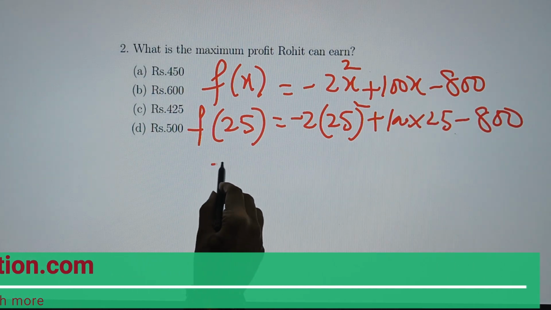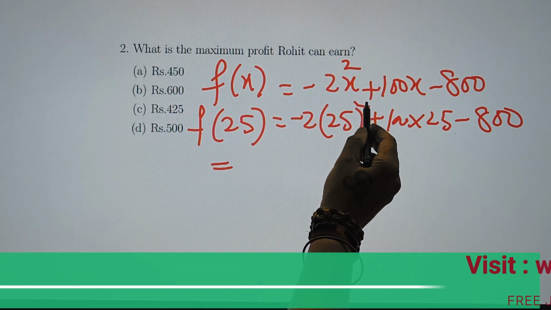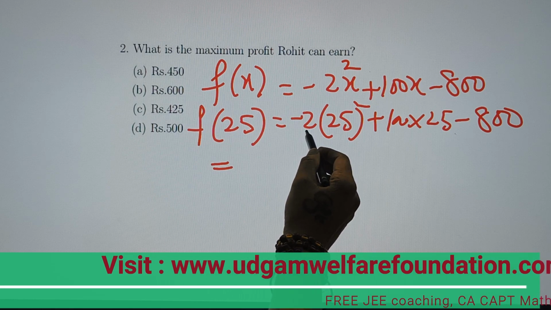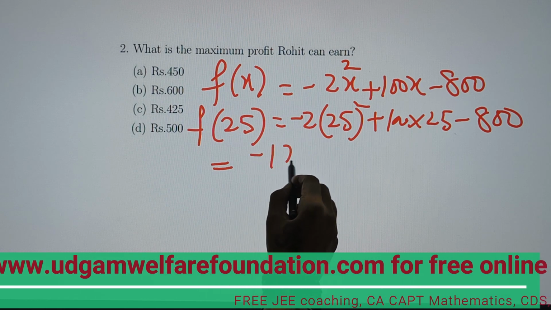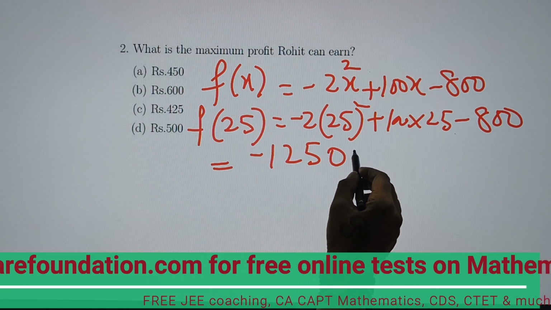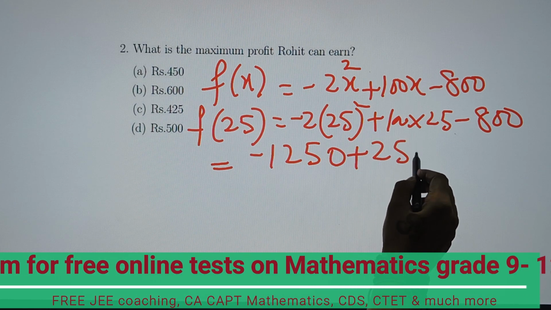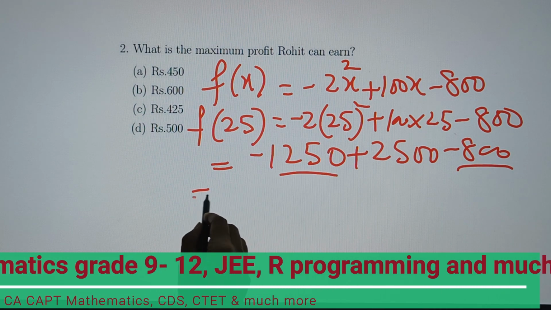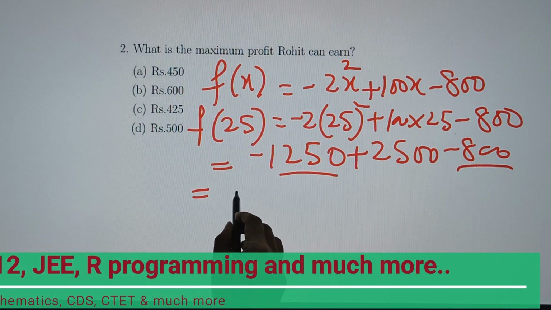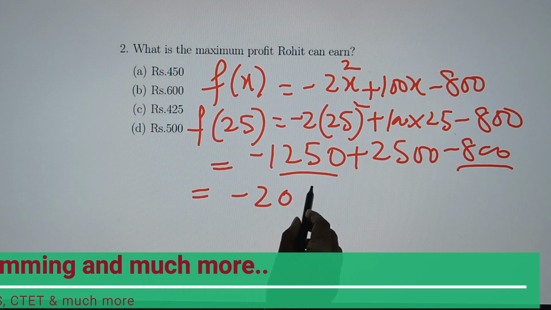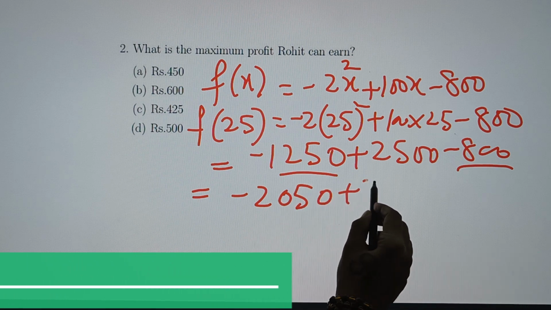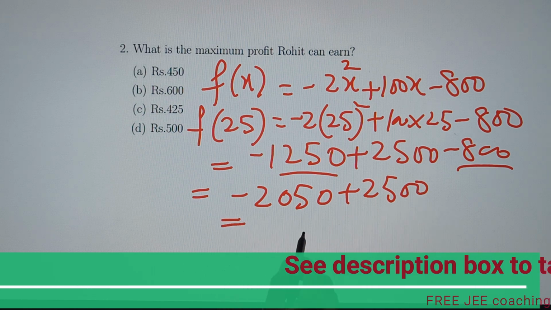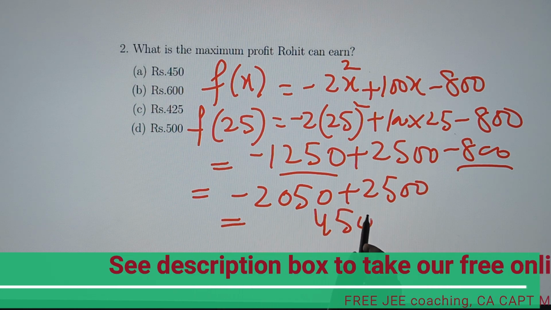Very simple. 25 into 25 is nothing but 625. 625 into 2 is 1250, so minus 1250, plus 2500, minus 800. So we can add these: -2050 plus 2500, which is going to give us 450 rupees.